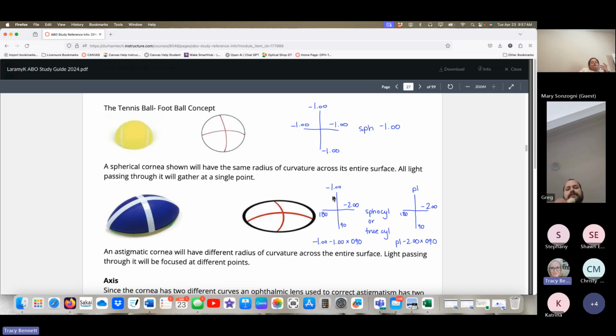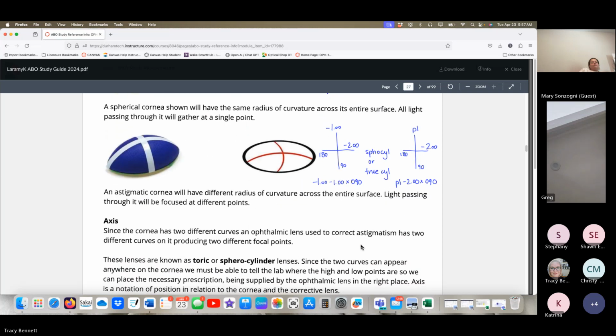That still pertains to here, except instead of having that true cylinder where we have a plano meridian, we actually have 1 diopter of power there. But this is the definition of a true cylinder, where there's no power in the axis meridian and 100% of the cylinder power is 90 degrees away.